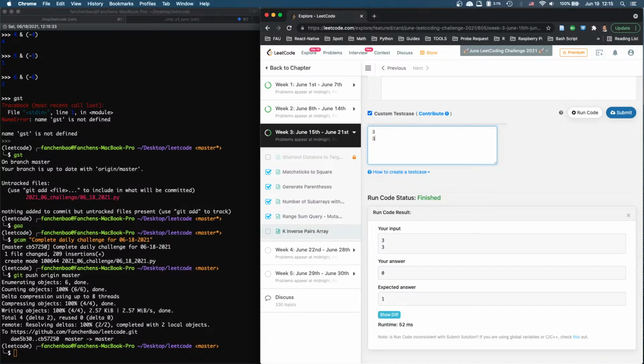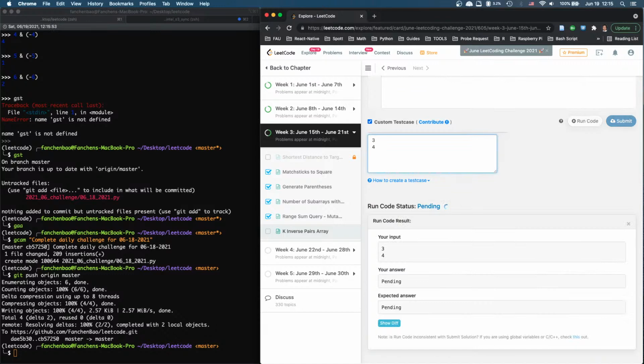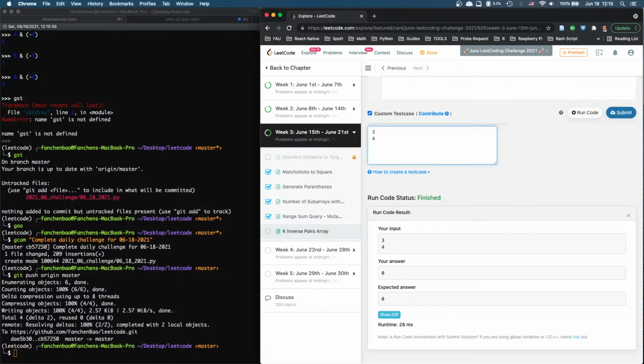We want 2 pairs, so we need 0 with 1 pair, so that's why this is 0. 2 with 3 pairs, those are all 0. We want 4 pairs, I cannot create 4 pairs.